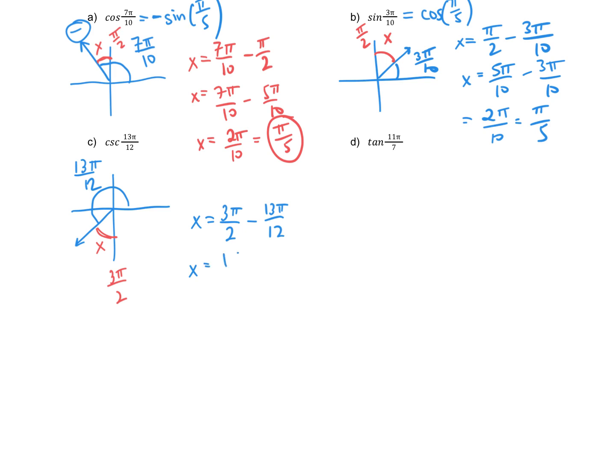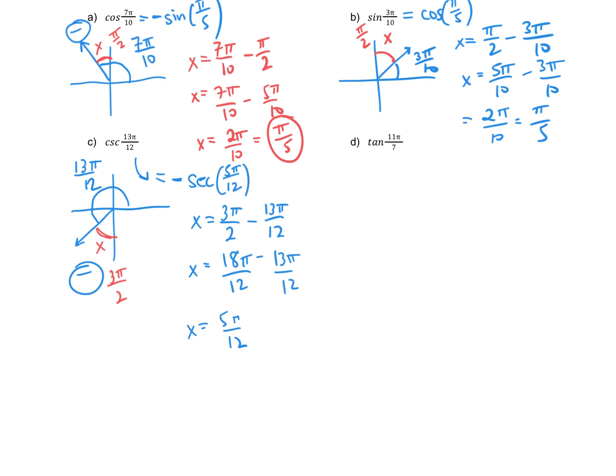And again, common denominator, so times 6, and subtract. And I get 5 pi over 12. And cosecant is the reciprocal of sine, and sine is negative in tan's quadrant. So cosecant of 13 pi over 12 is equivalent to negative secant of the complementary angle.